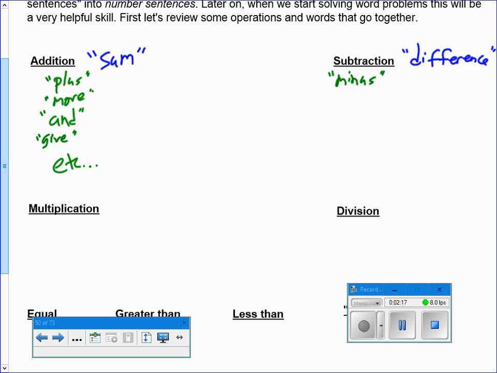We also use words like less, take away, any words like that. I mean, we're losing value. That means subtract.